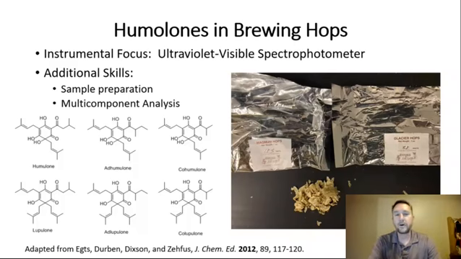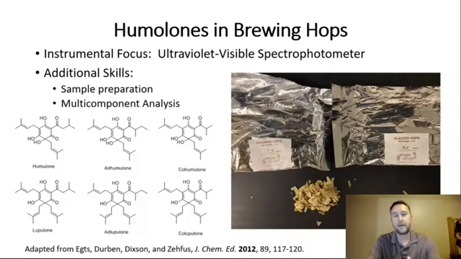So the focus of this particular experiment was on ultraviolet visible spectrophotometry and the use of that particular piece of instrumentation. Now, I will say that the students actually get a lot of exposure to UV vis spectrophotometry over the 4 years that they spend in the program. And so what I didn't want to do was have this just be another one of those exposures.